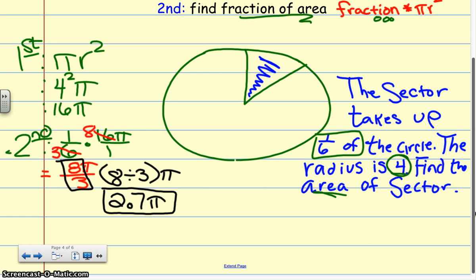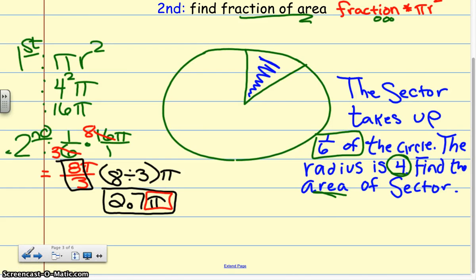So to recap what we did, we found area and perimeter of a sector, keeping it in terms of pi. When I say in terms of pi, it just means leave pi there. Don't put 3.14. And the steps, the first thing we wanted to always do is find the actual perimeter or the actual area.